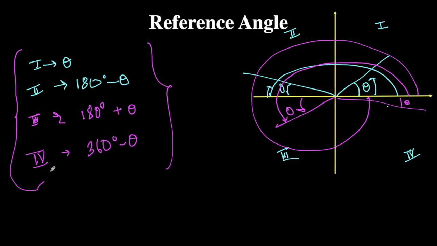Okay, now the next concept is a system called the CAST system. I'm going to explain that also. The CAST system says that it is something like this: C A S T. Let's define A. A means all.